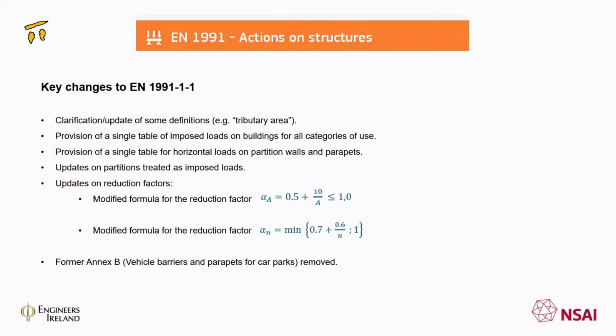One set out what the imposed load categories for buildings were, and the second table put what those imposed loads actually were. And they have been coordinated into a single table, and work is taking place currently on the production of the Irish National Annex for EN 1991 Part 1-1, where we're putting values.